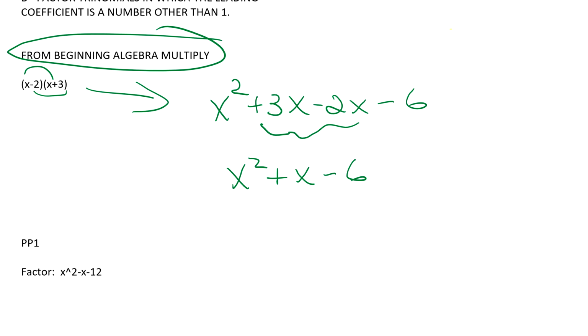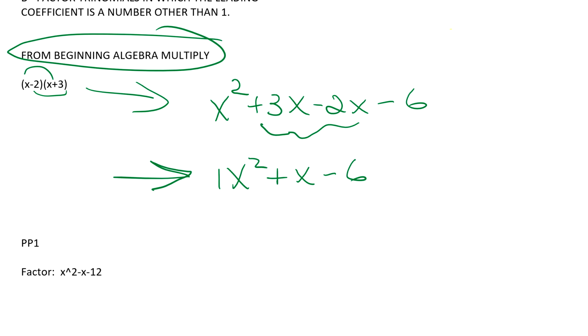Okay, so if that's the case, now in section 4.4, where we're factoring, the problems are going to look something like this, where the lead coefficient is 1. Well, we don't write the lead coefficient when it is 1, but I know the lead coefficient here is 1 because it's really 1x squared.